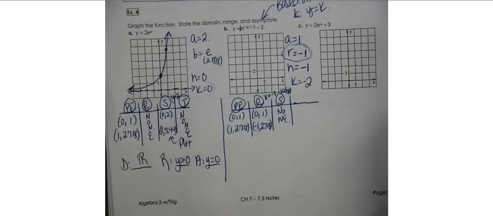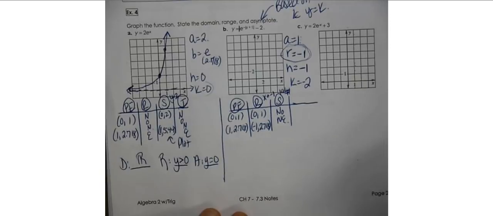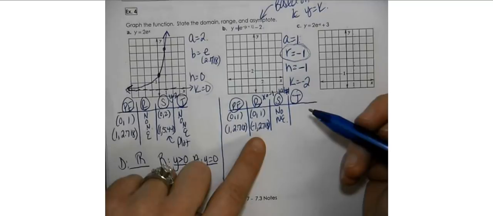Now, next, we have stretch shrink, and in this case, the absolute value of my A value equals 1. So that means that because it does equal 1, we're not going to have a stretch in this column. Next, we have translation. So I'm going to take my previous values, and take all my X values and subtract 1, and all my Y values and subtract 2.